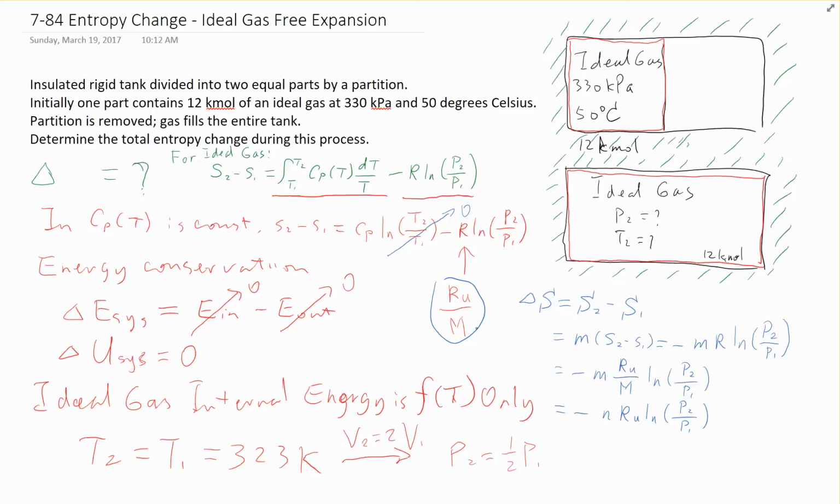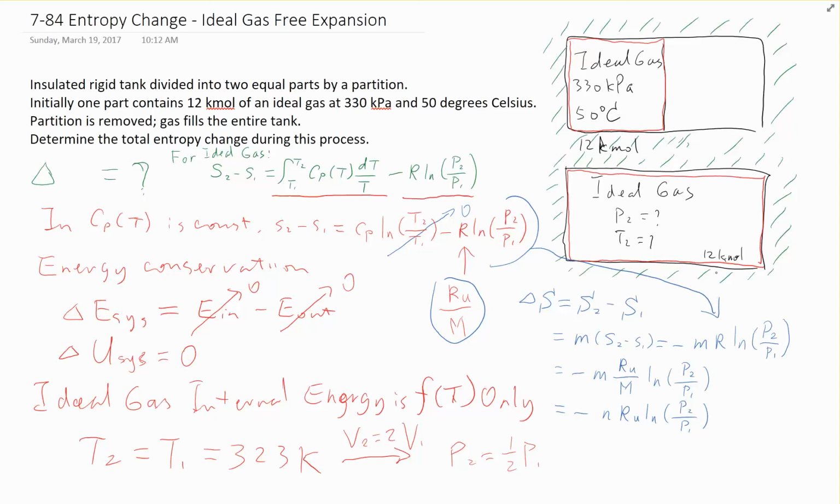Now we can write the capital delta S, the extensive property entropy change for the system, which is capital S2 minus capital S1, and that's equal to the mass of the system multiplied by the lowercase delta S, which is this equation. This equation comes over here and is multiplied by the mass of the system.